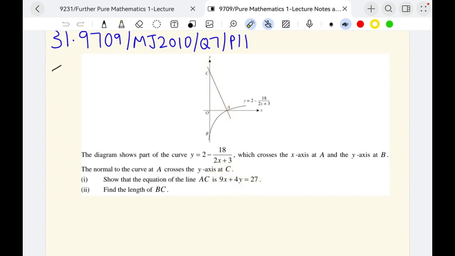So you have to prove it. The equation of the normal is the answer stated in the question.